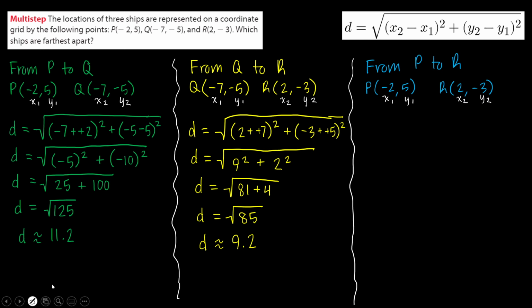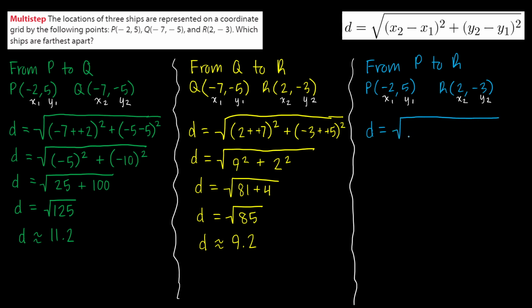You don't need to label the points x1, y1, x2, y2 every single time, but I'm a very visual person. I like to have labels so that I don't make mistakes. There are a lot of values that we're substituting in the distance formula. It's nice to keep everything on track. So our last round of distance formula here.